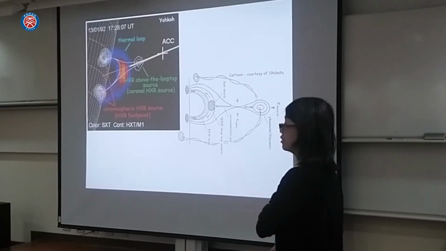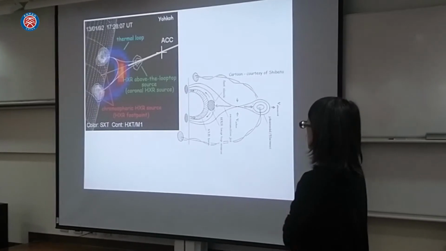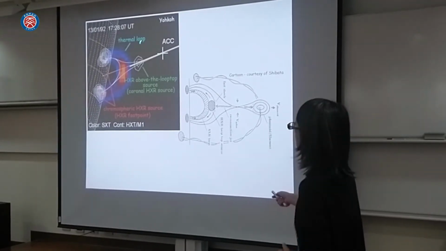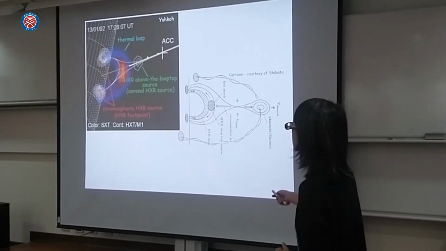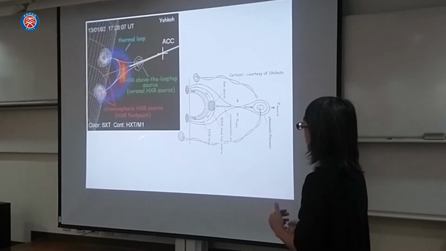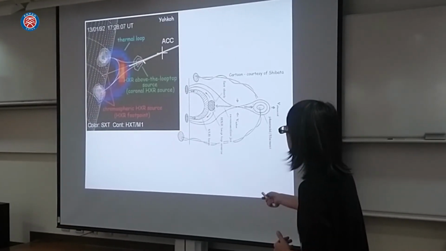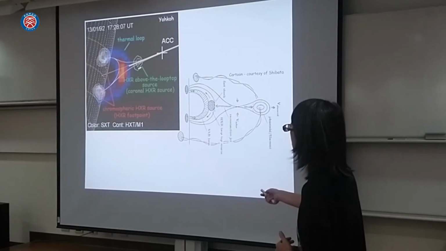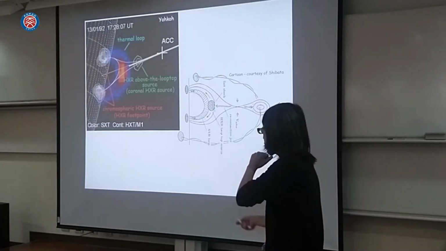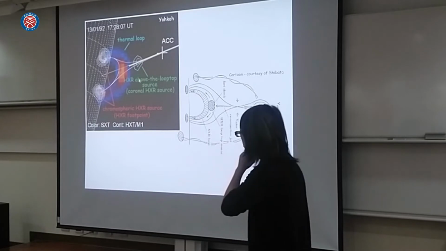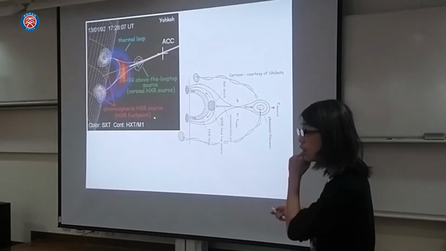But there is another HXR source located higher up, just above the loop top. We call this the corona HXR source.